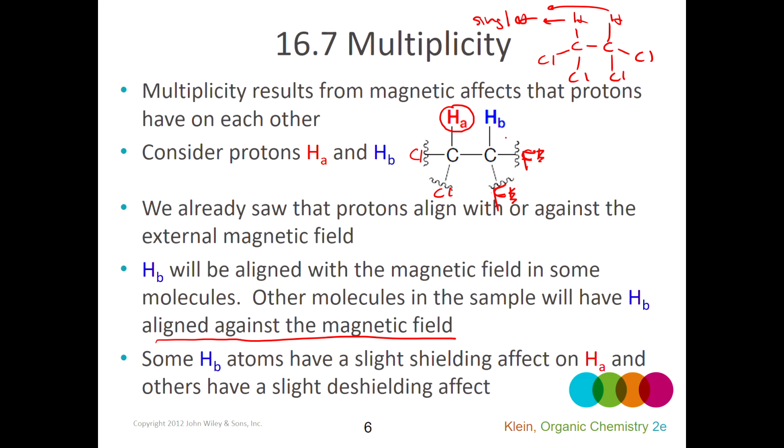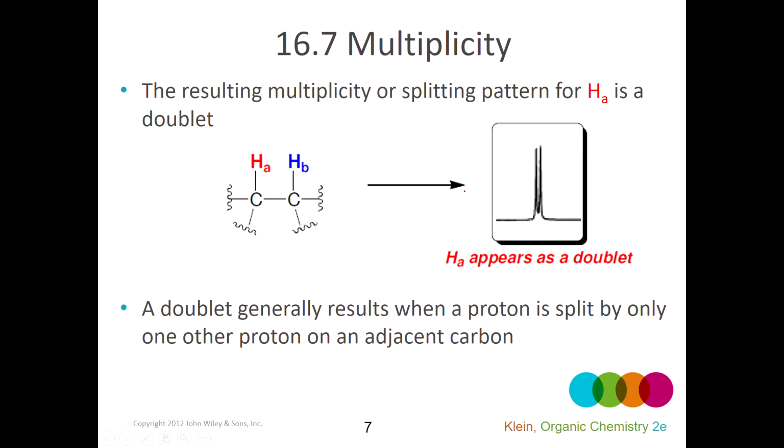And so, depending on the alignment of the magnetic field created by hydrogen B's nucleus with the external magnetic field, that changes the quantity of energy that hydrogen A will absorb very slightly. And so what I see is a doublet.